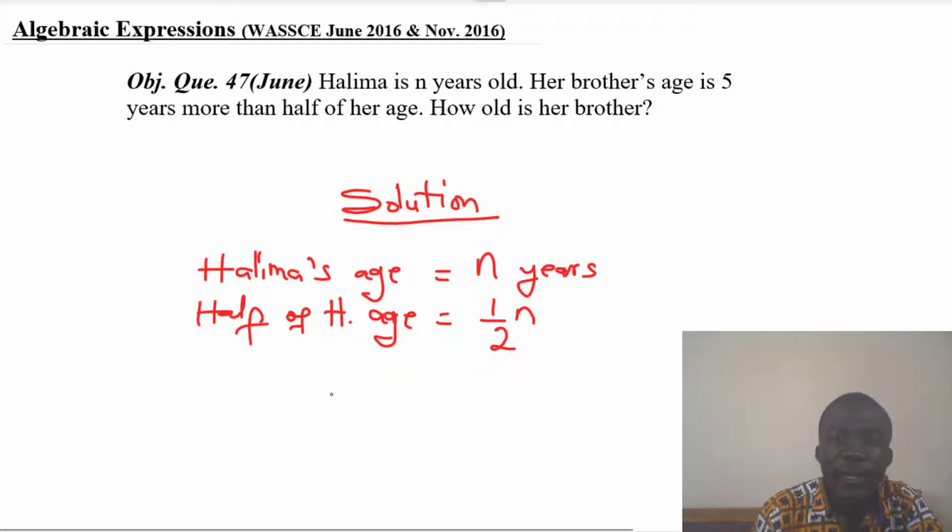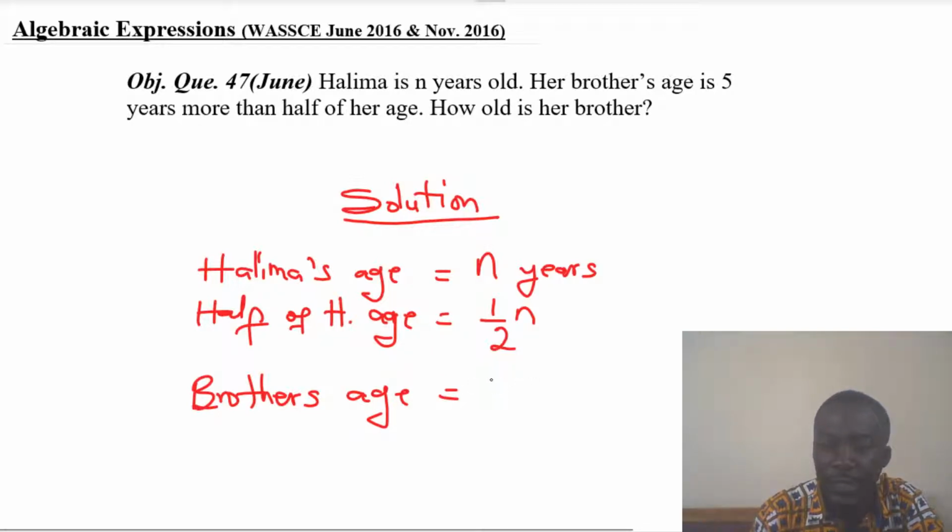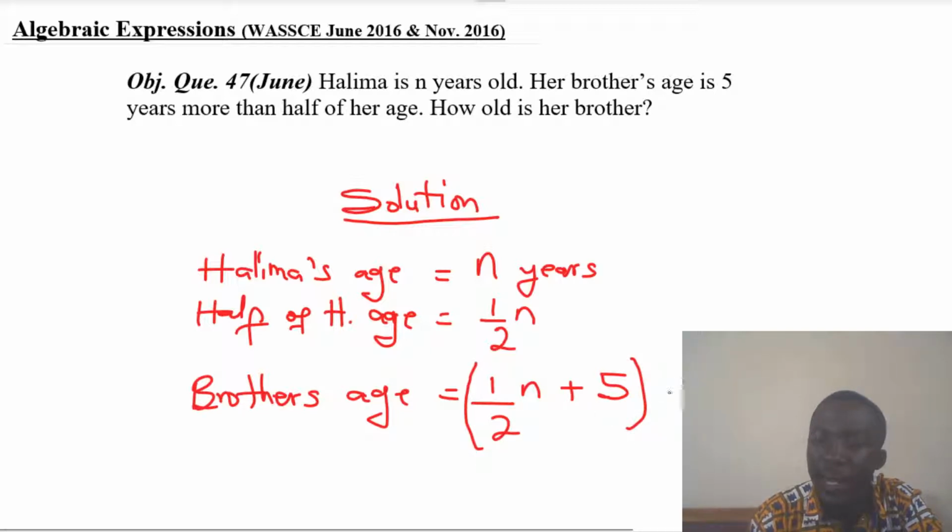Then we are saying that the brother's age is 5 years more than half of Halima's age. This is half of Halima's age, and the brother's is 5 years more. So we add the 5 to it. So finally, the brother will be half n plus 5 years old.